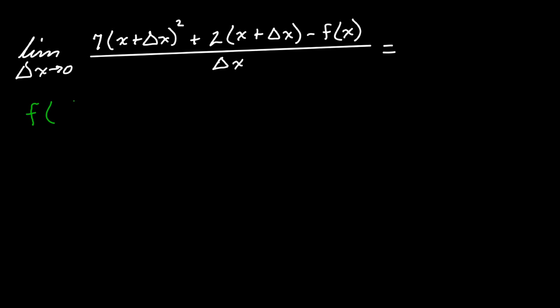We need to first identify what the function is. So that's going to be 7 times x squared, because once again we're replacing this with x. And then we're going to replace this with x, which gives us plus 2x.